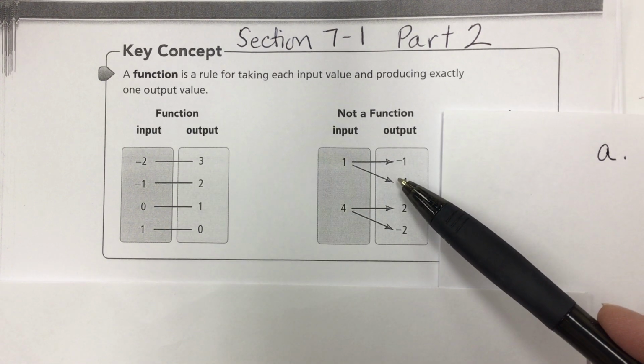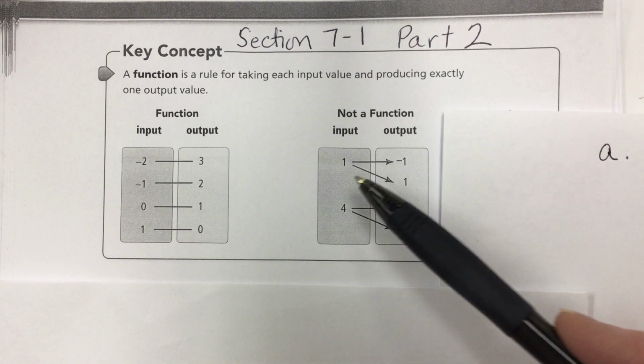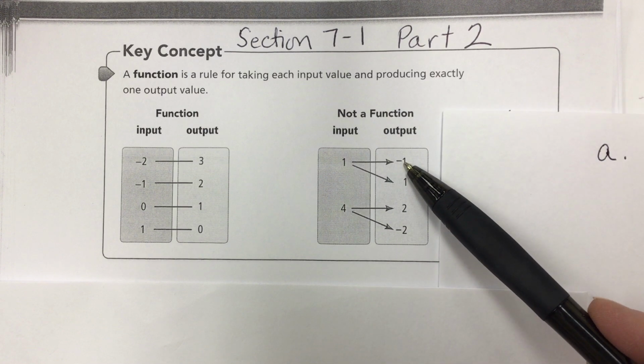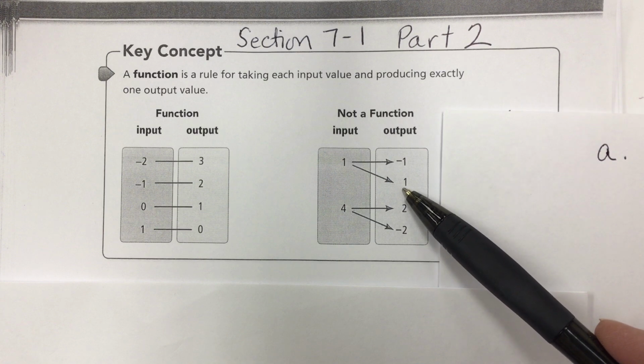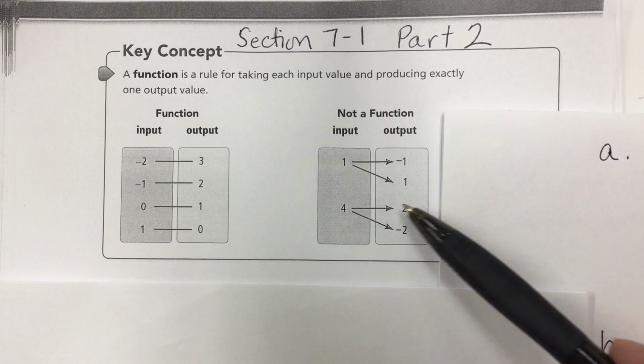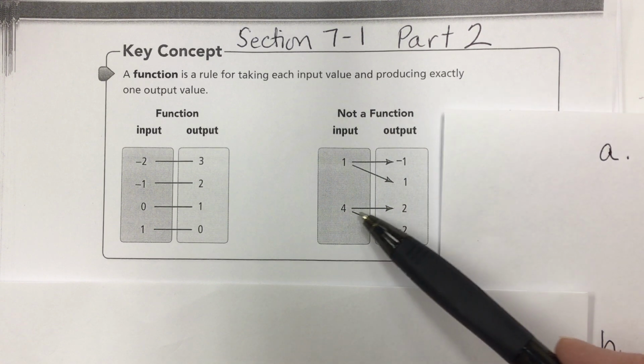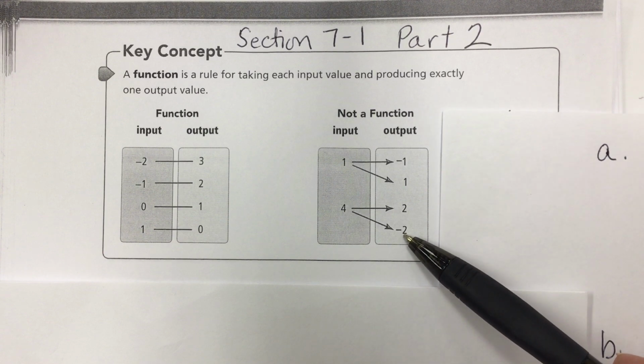Let's look at this mapping. In this mapping, 1 corresponds to -1, and 1 also corresponds to +1. 4 corresponds to 2, and 4 also corresponds to -2.